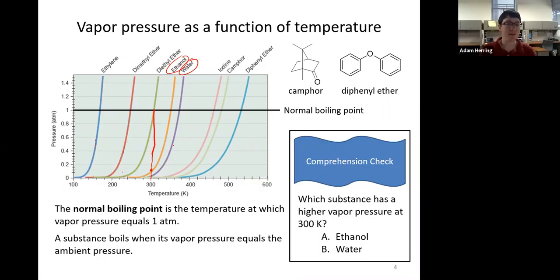What we see is that ethanol has a higher pressure than water does at that same temperature. What that would mean then is that ethanol must have a lower strength of intermolecular forces compared to water.